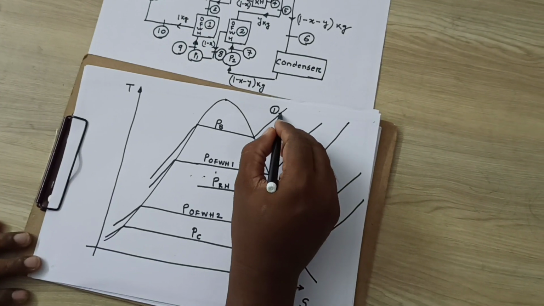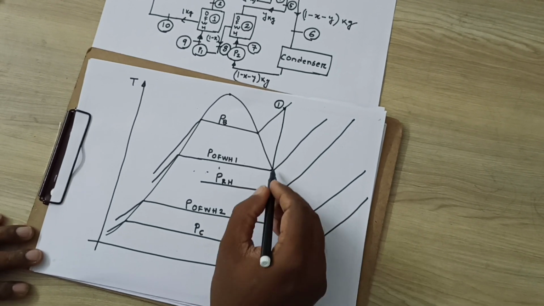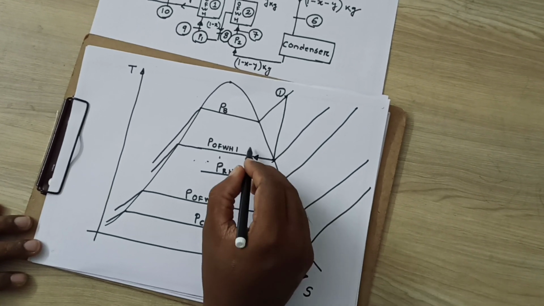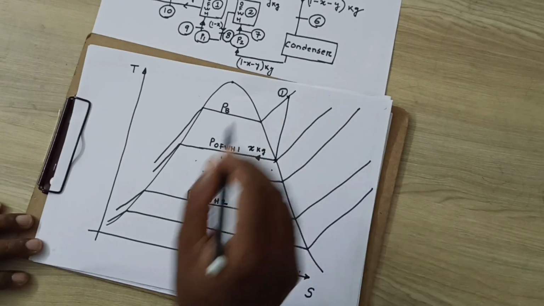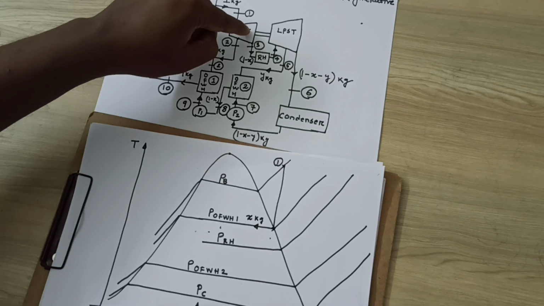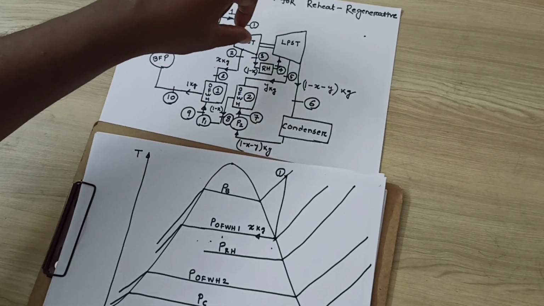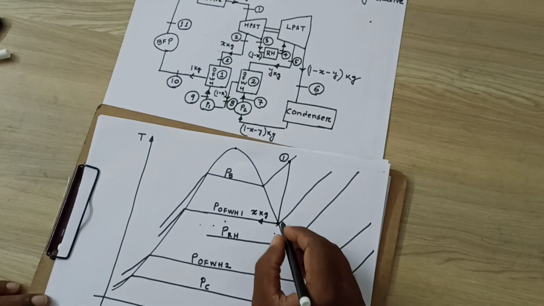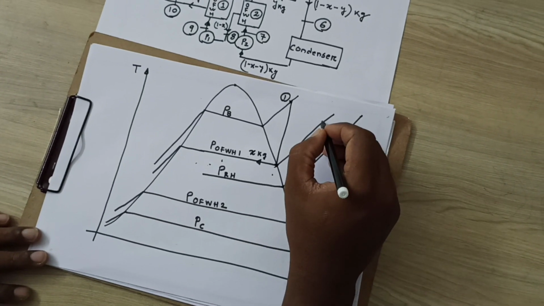So here I will draw an isentropic expansion line, and here x kg is being diverted. Then the other 1 minus x kg is expanded up to the high pressure steam turbine exit.